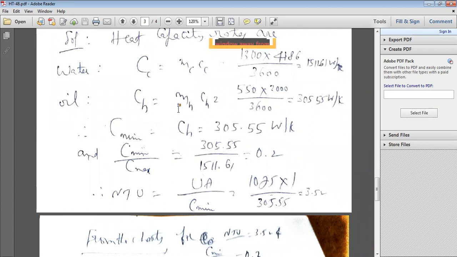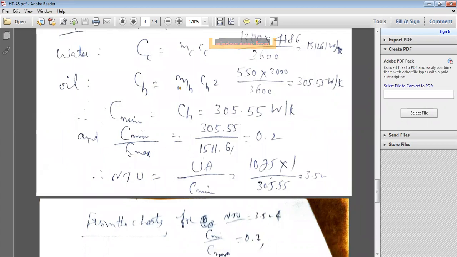Here also the hot fluid is giving the minimum heat capacity. Therefore C minimum is with respect to the hot fluid, CH, equal to 305.55 watt per Kelvin.